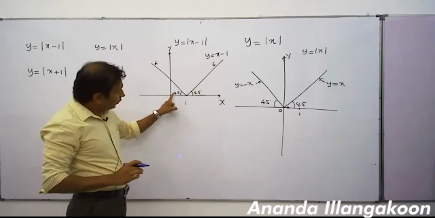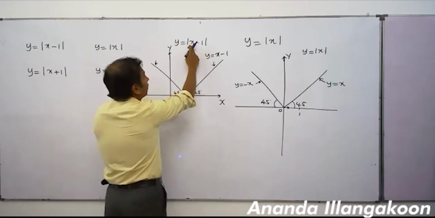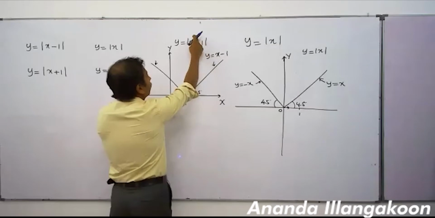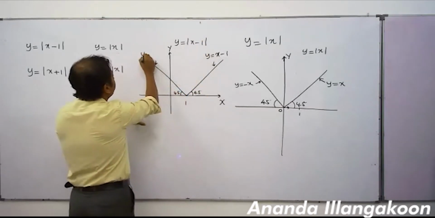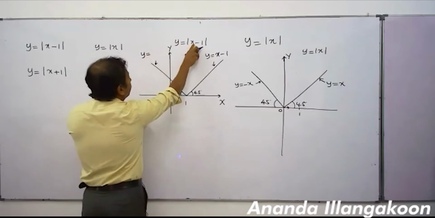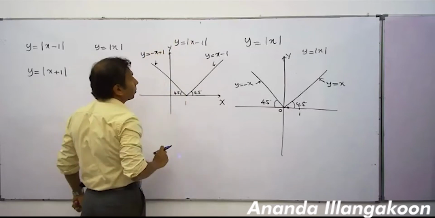On the left of this one, mod x minus 1 is obtained by multiplying this x minus 1 by a minus sign. Therefore, the equation of this is going to be x minus 1 multiplied by minus, so minus x plus 1. Okay.